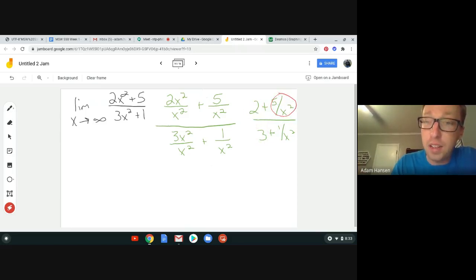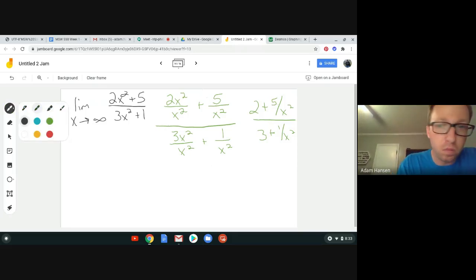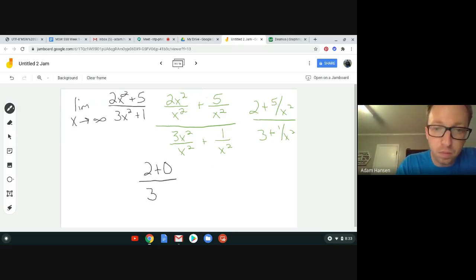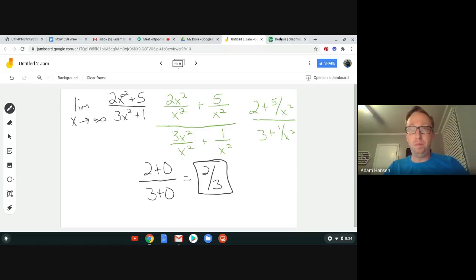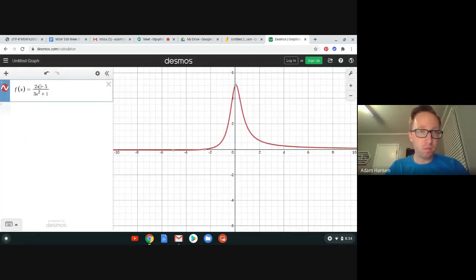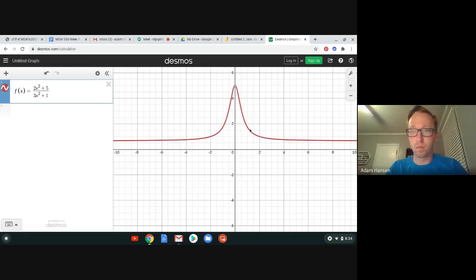Any constant divided by a power function of x as x goes to infinity goes to 0. So now my function is going to approach 2/3, or approximately 0.667, as x gets infinitely larger and larger and larger.